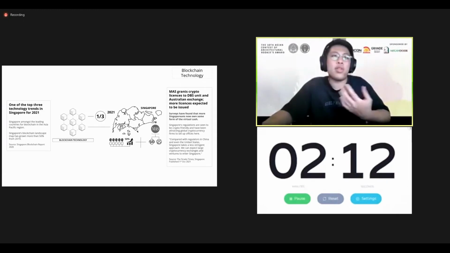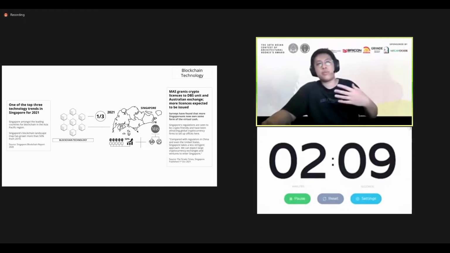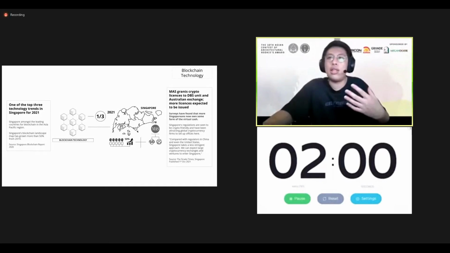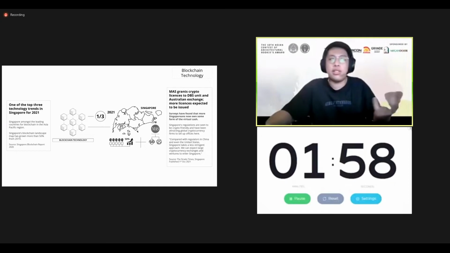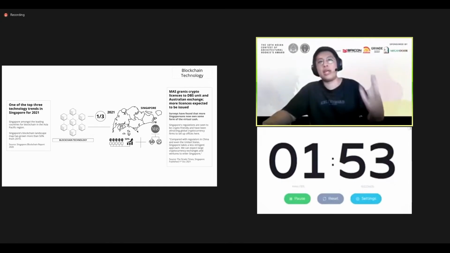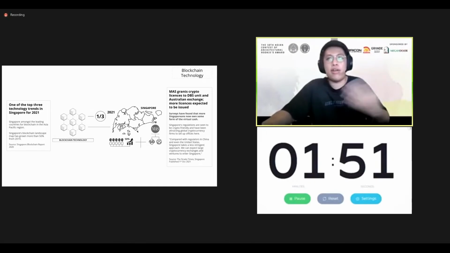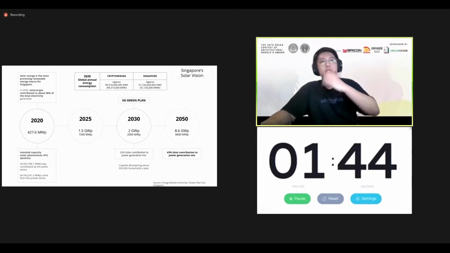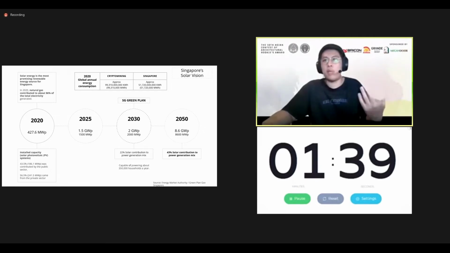Then I'll move on to how Singapore has a new trend for technology called blockchain, where cryptocurrency, Bitcoin, NFTs and digital art are becoming an everyday part of our society, and it's very much the new trend in the entire world. And Singapore has a sustainable vision where we want almost half of our entire energy to come from solar power.